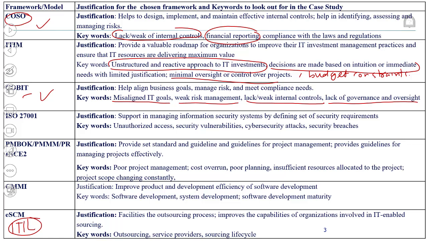If you're seeing a lot of unauthorized access, for example, users having more privileges than they require, cybersecurity issues, security vulnerabilities, then you should think of ISO 27001.